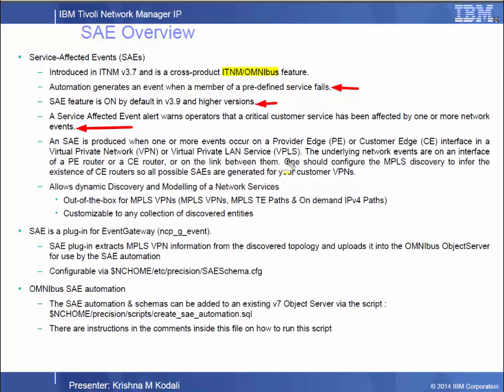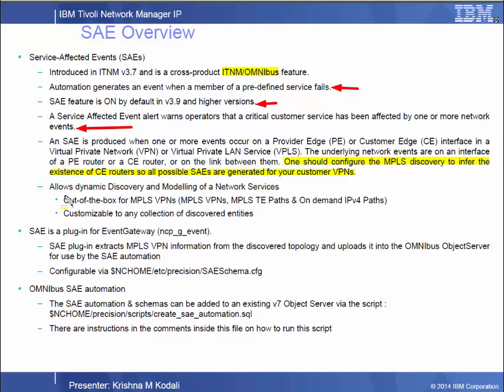The next bullet is self-explanatory, but the key here is if you are a provider and you want to expand the SAEs to all the possible VPNs, you need to enable the forSAE option. That is one of the advanced discovery GUI options, so that you have all appropriate data between Omnibus and ITNM.